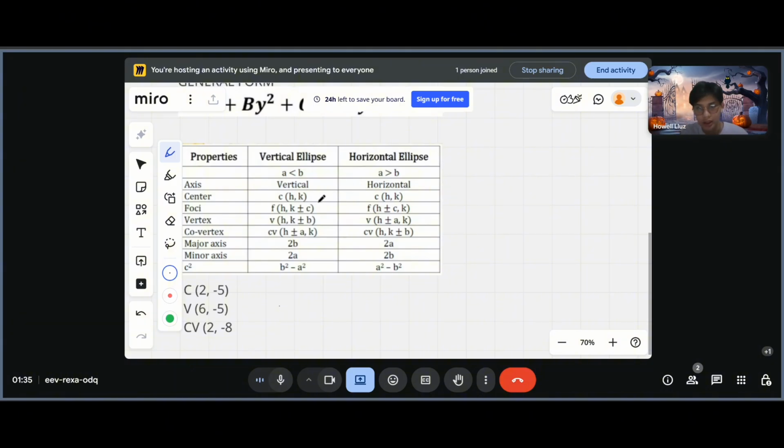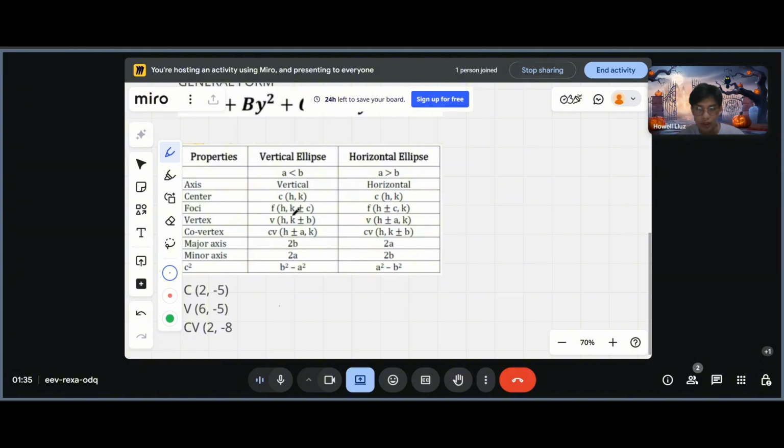For the foci, for the vertical it is (h, k plus or minus c), and for the horizontal (h plus or minus c, k). For the vertex, we have (h, k plus or minus b), and for the horizontal (h plus or minus a, k).